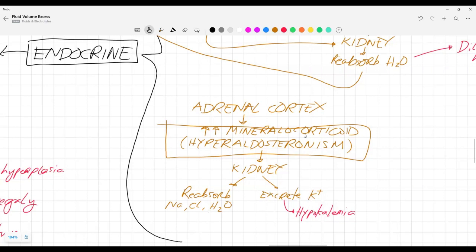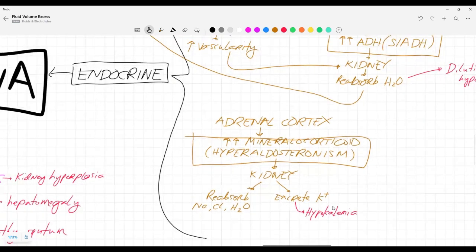But at the same time, whenever there's hyperaldosteronism, we want to also look at the potassium because it excretes potassium. And in an excessive amount of aldosterone, there might be an excessive loss of potassium that could lead to hypokalemia. And so we would want to watch for that as well.